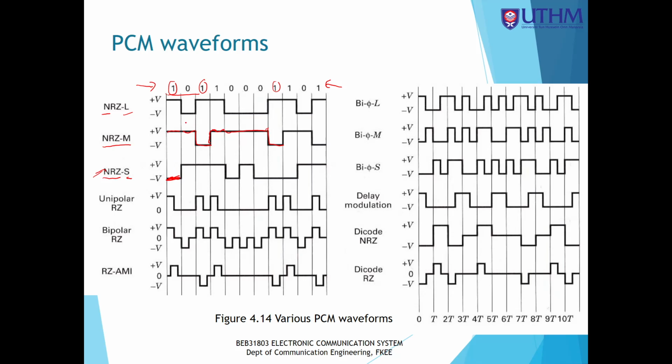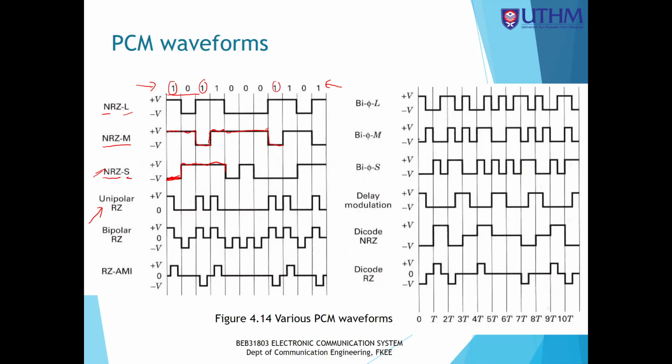So you see that the next input is 0. So change to positive. Next input is 1, no change, no change. The next input is 0, so change to negative. And then change to positive, change to negative, and then no change, no change, change to positive.